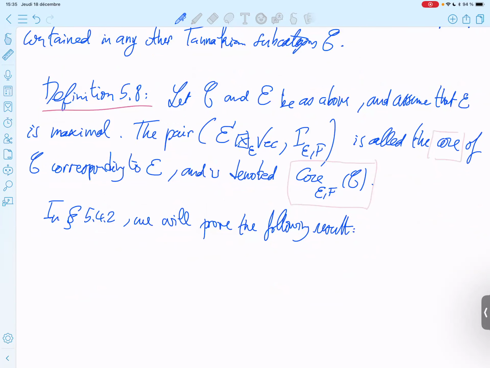We are saying that it is independent, but in fact, in this section, we will prove something a little bit more general.